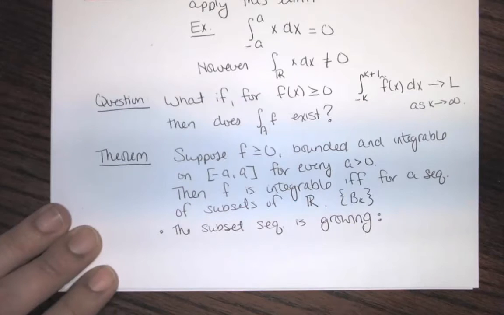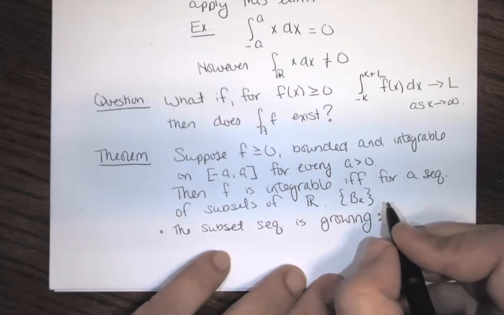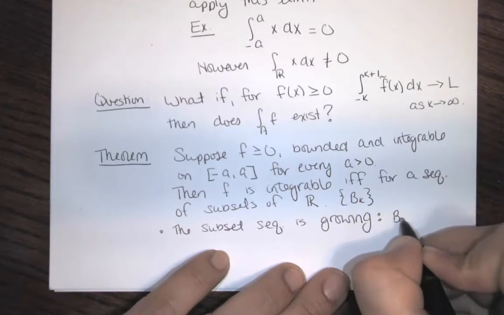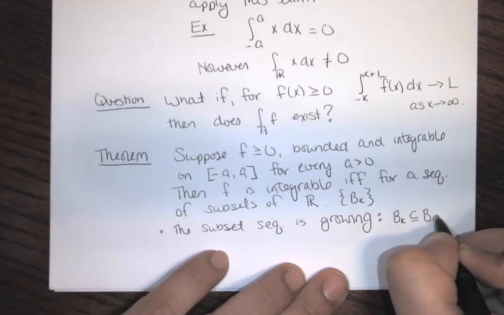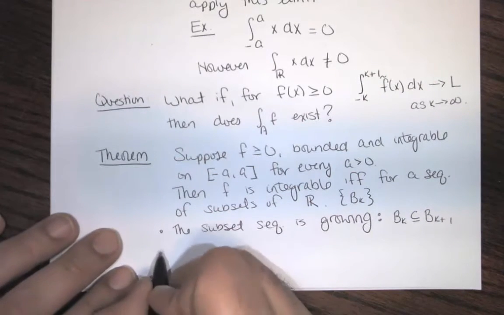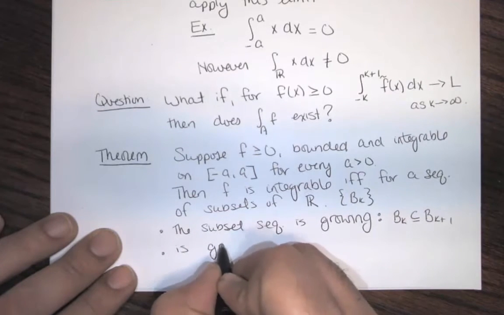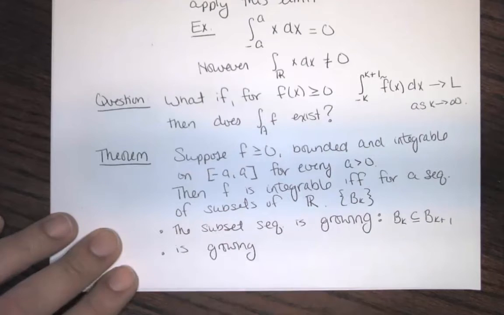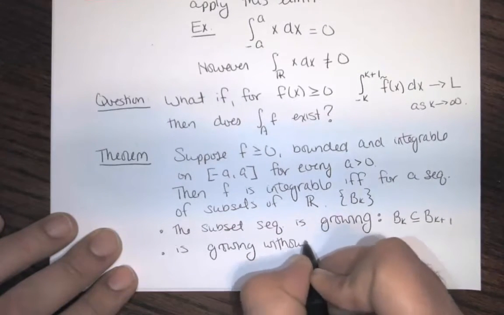Now, what do I mean that the subset sequence is growing? Well, I mean it's getting bigger. What do I mean by it's getting bigger? Well, I mean that every subset is contained in the next subset. And specifically, it is growing without bound.